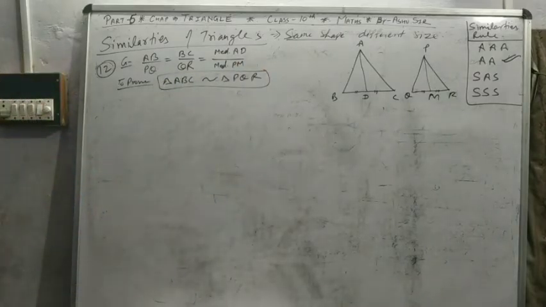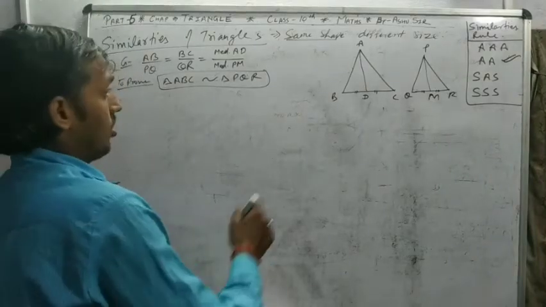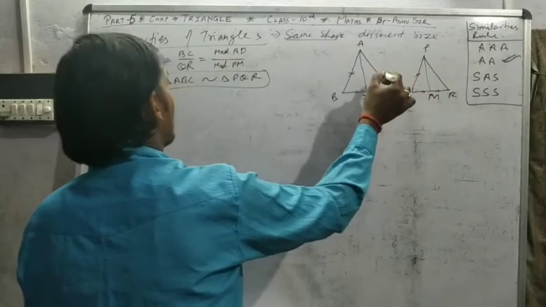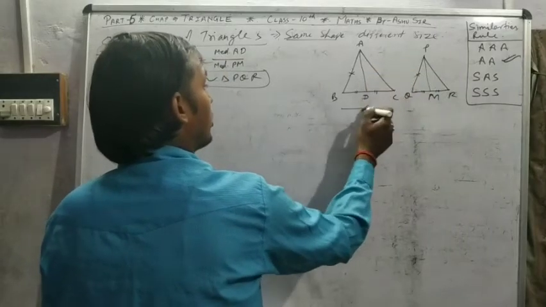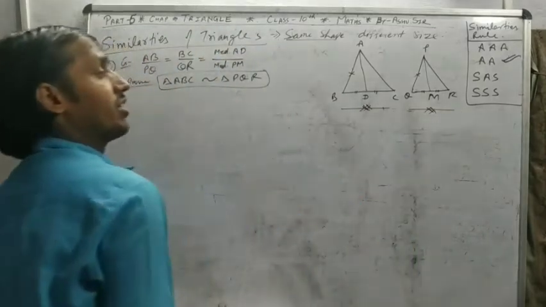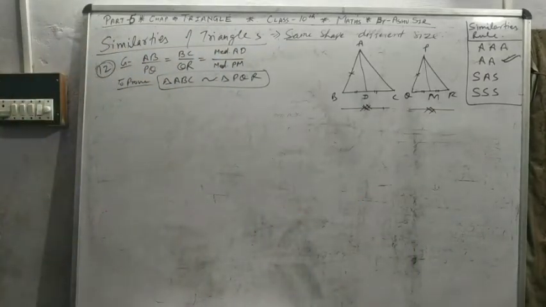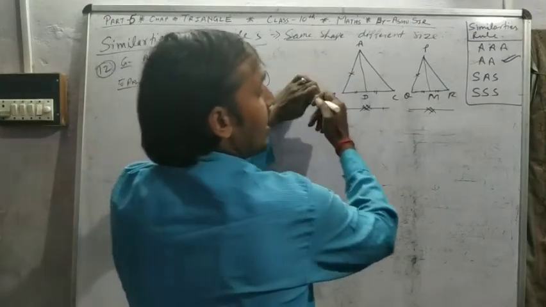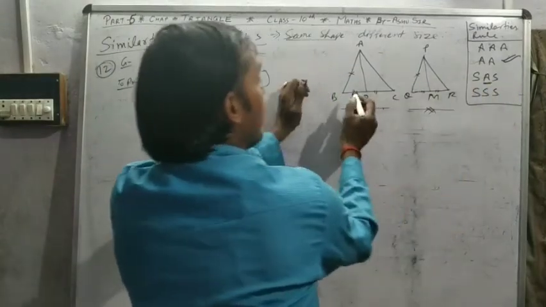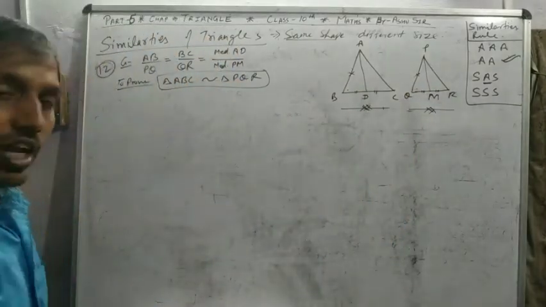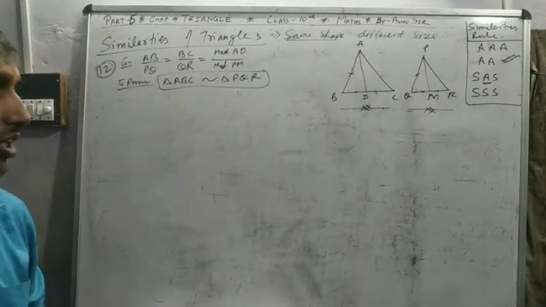If you see these ratios are equal, given, means if two ratios of sides are given and we only find the angle between them, that is B and Q, then we say that the triangles are similar by SAS similarity.